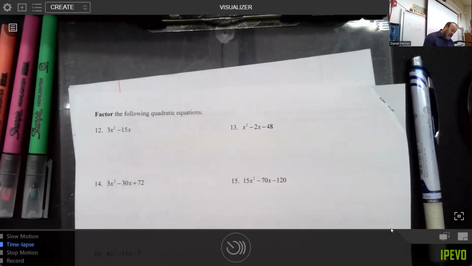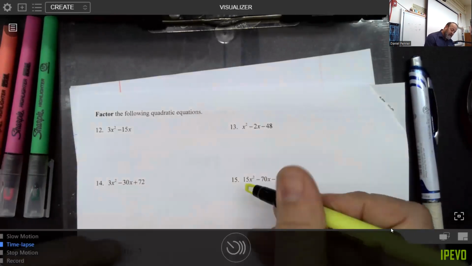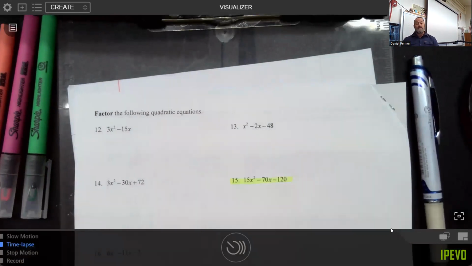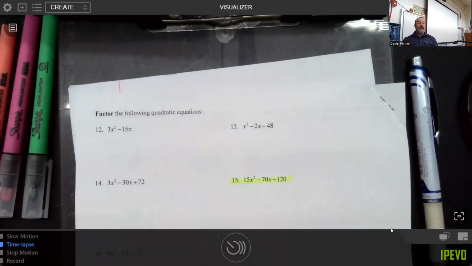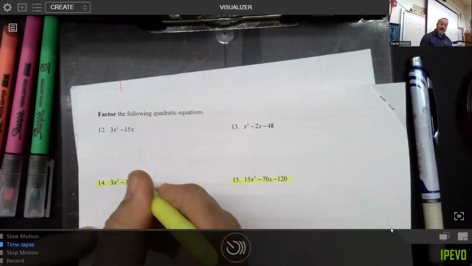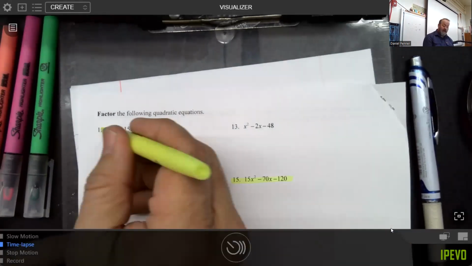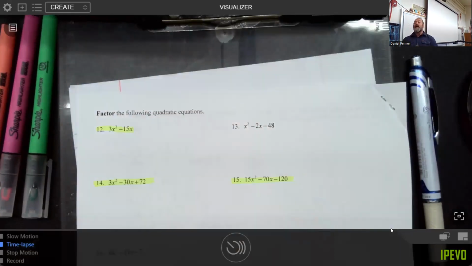However, in a problem like number 15, all three of those coefficients are divisible by specifically the number 5. That's a very helpful thing to notice. In number 14, all of these values are divisible by 3. And in this last one, everything is divisible by both 3 and by x.